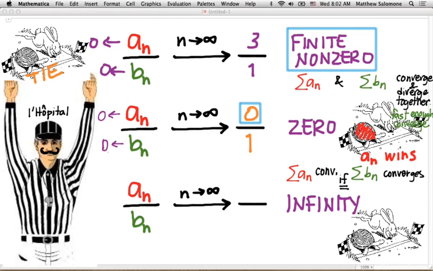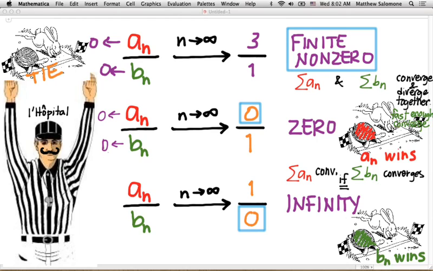So what happens with infinity? If the limit of this quotient is infinite, write infinity as 1 over 0 instead of 0 over 1. And make the conclusion that that must mean that the denominator has won the race to 0. Therefore, the bn's are getting to 0 at a higher order than the an's.